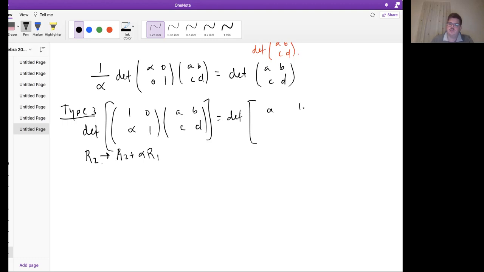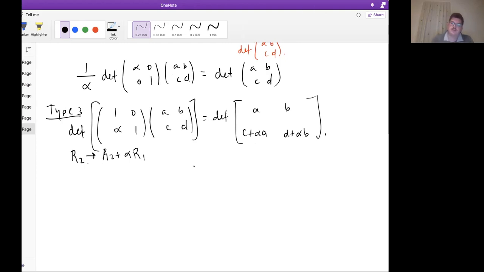So it's just C plus alpha A and D plus alpha B. Okay, so let's see what the determinant of this is. So it's A times D plus alpha B minus B times C plus alpha A.